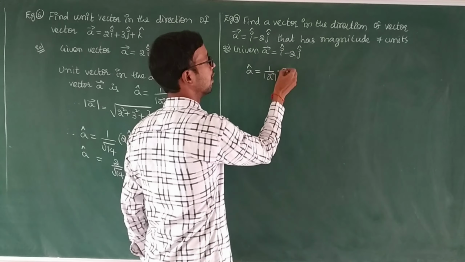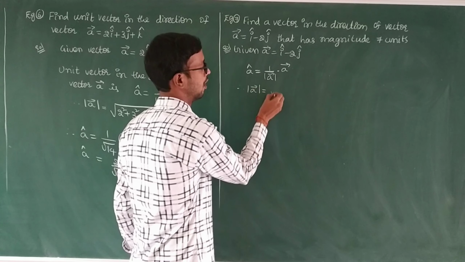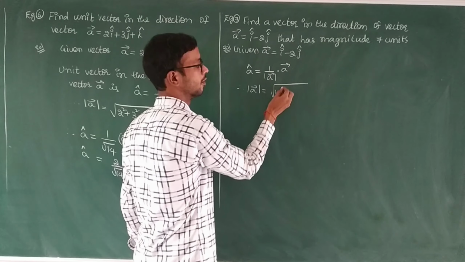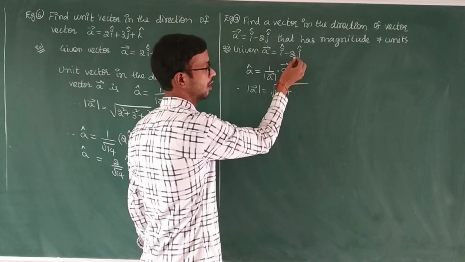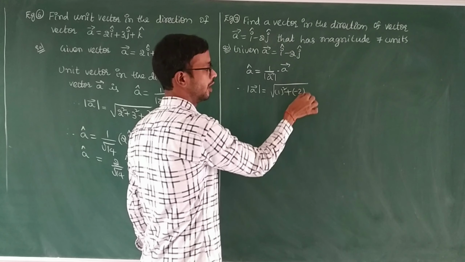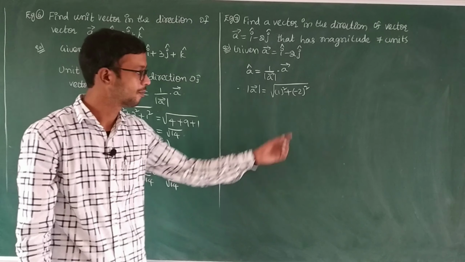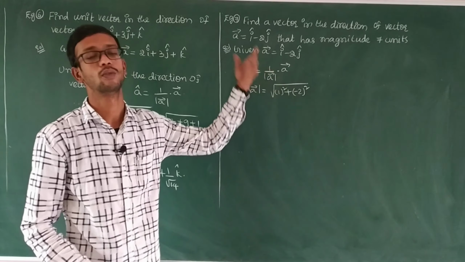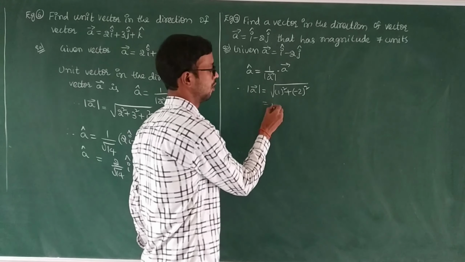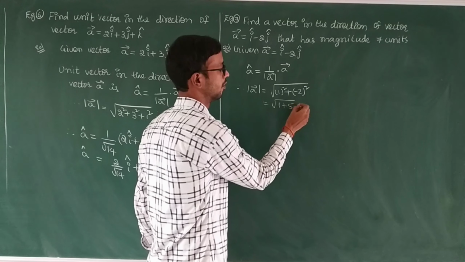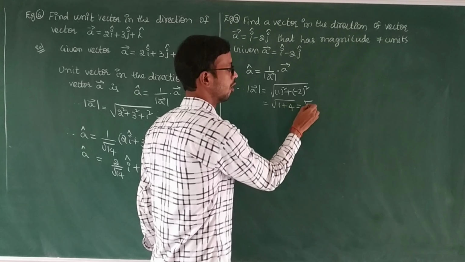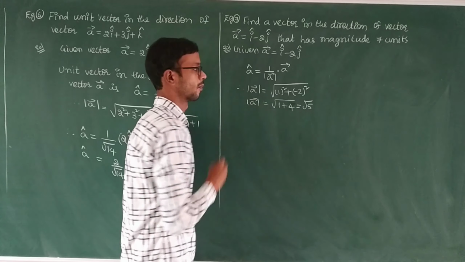We have to find the magnitude first. Magnitude of A bar is the square root of the i component 1 squared plus the j component minus 2 squared. Negative squared gives a positive, so the total is 1 plus 4, which is root 5.